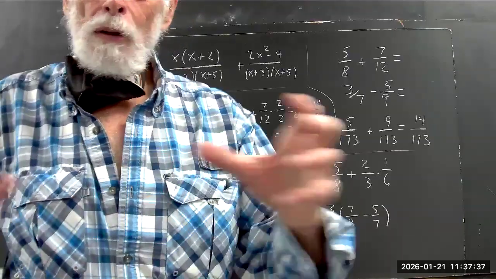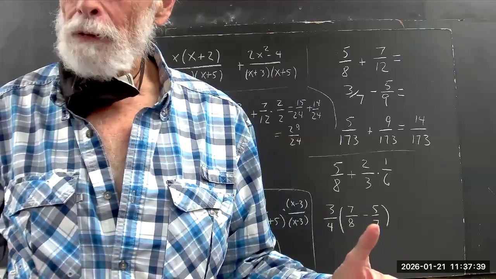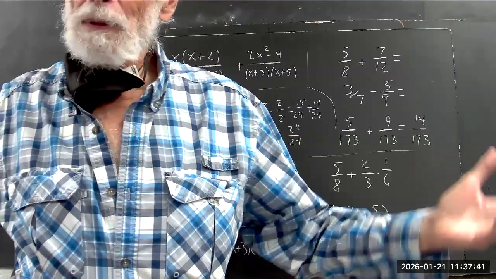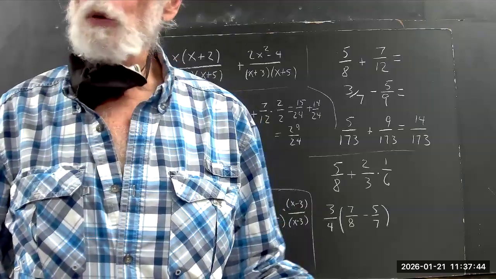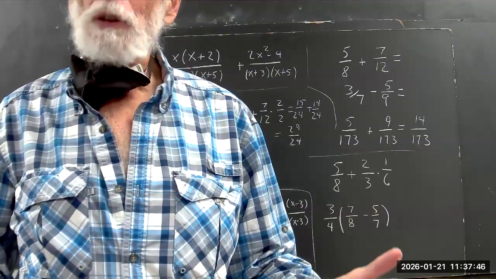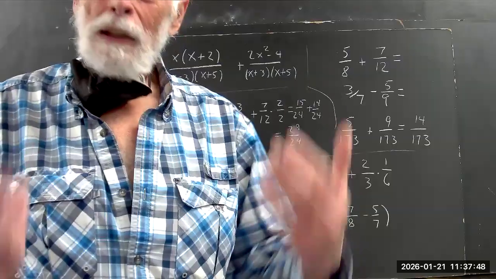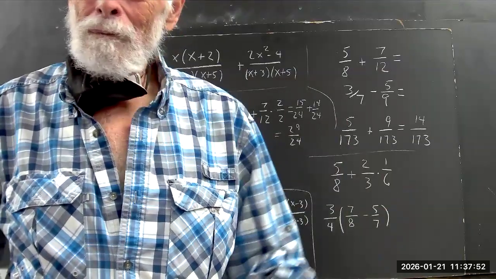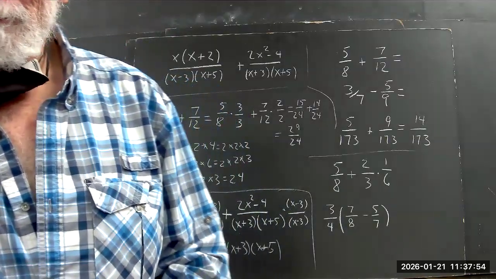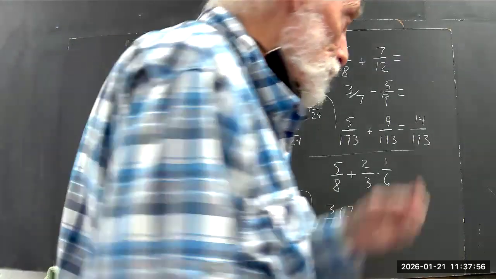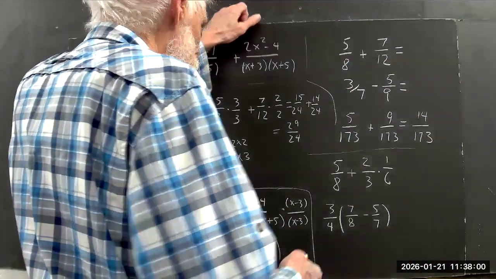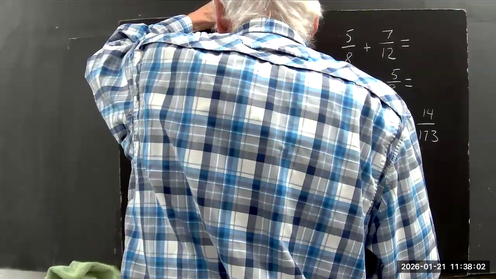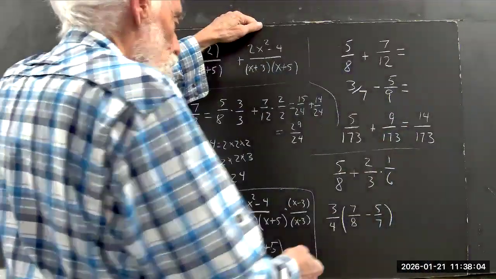If something's scattered all over the page and you haven't looked at it for a month, you're not going to be able to see it. I mean, you will because you've done it, but it's going to take you a while. Whereas if you've got it in an organized fashion, it's going to be there for you. Okay. All right. Well, let's look at some other problems, but they all follow the same general idea.